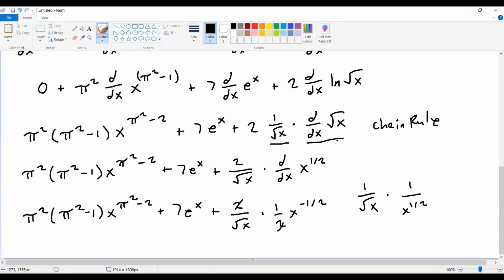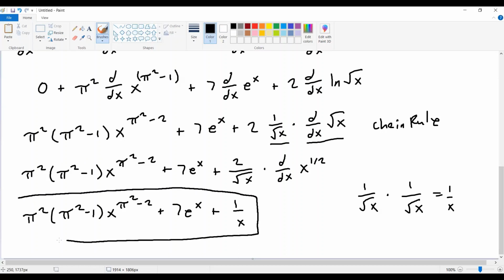But like we noted, x to the 1/2 is just another way to say the square root of x. So we're really 1 over the square root of x. And then when you multiply this together, you've got the square root of x times the square root of x, which is just x. So we end up with just 1 over x. So all of this simplifies algebraically to 1 over x. So this is how we evaluate that derivative right here.